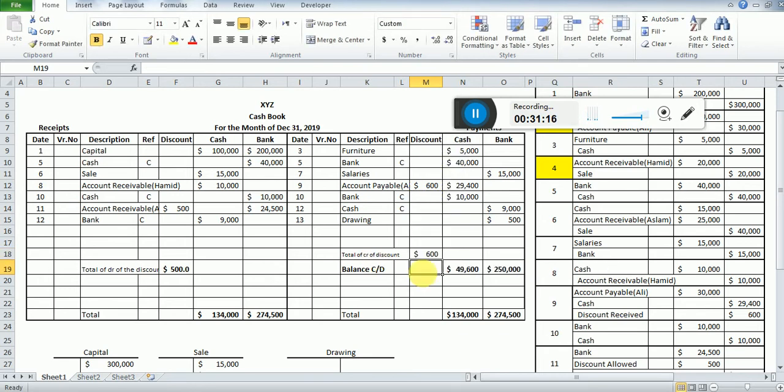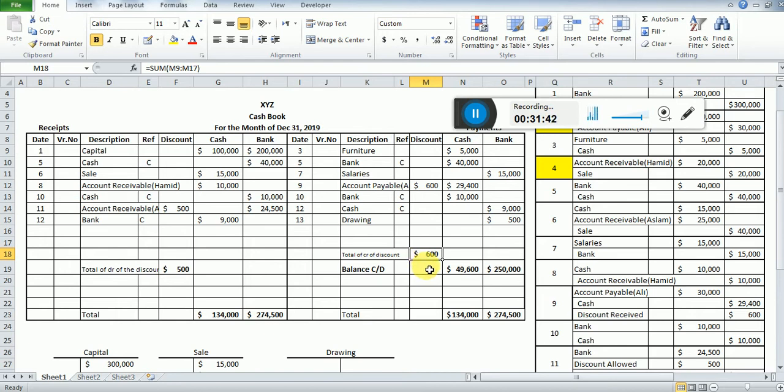Dear students, what do we mean by these two values? It means this amount is transferred to the debit side of the discount column, the discount allowed account, and this amount is transferred to the credit side of the discount received account.